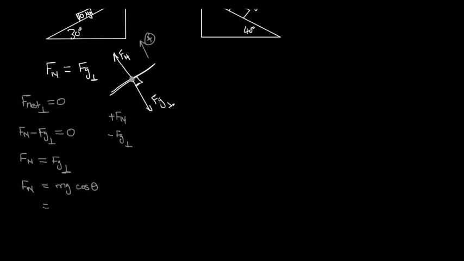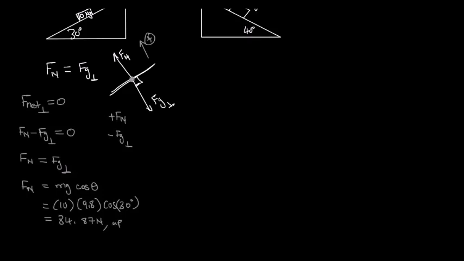In this case it's just 10, which is the mass, times 9.8, the gravitational acceleration, times cos of the angle theta, which is 30 degrees, the angle of the incline. That should give you about 84.87 newtons.